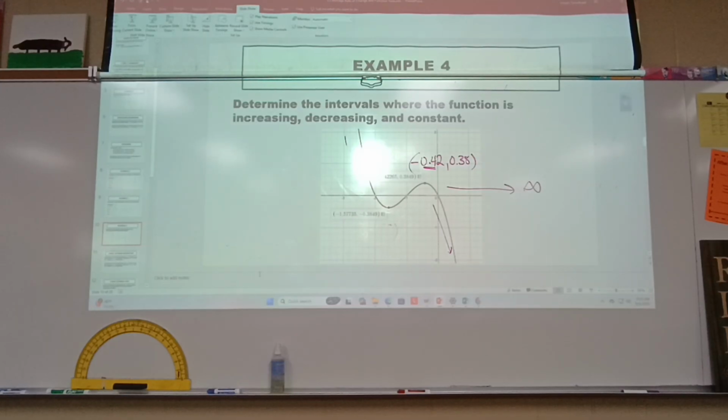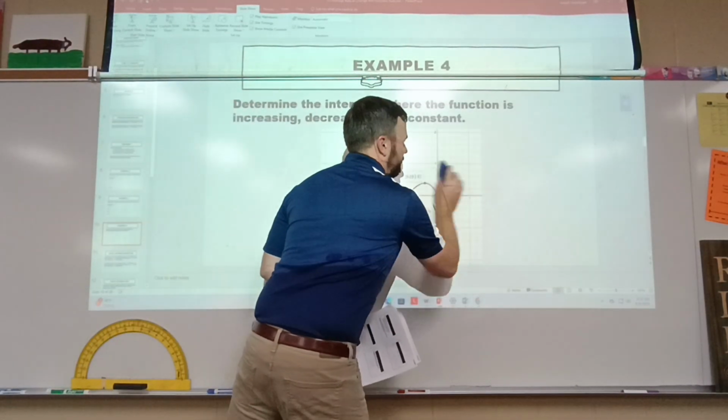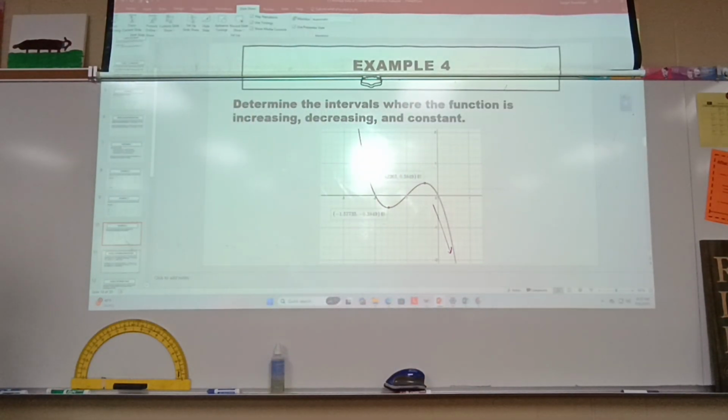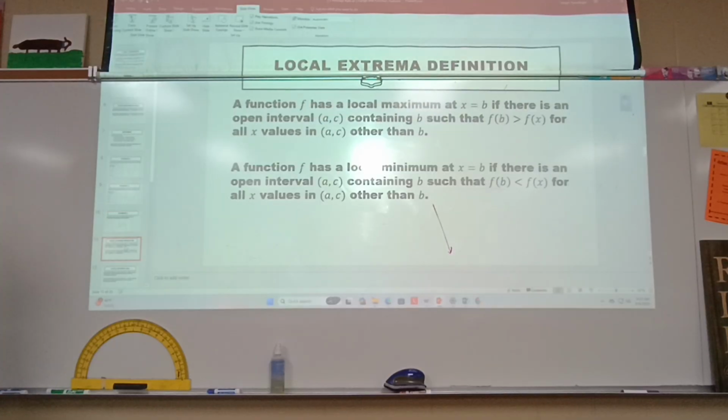For the constant, if it's a straight line, it's going to be constant no matter what, it won't be increasing or decreasing. So if it's a flat line, then yeah, if I go right to the right, it'll still be constant. But you won't see that very often because not many functions have a flat line. That'd just be like y equals something, f of x.